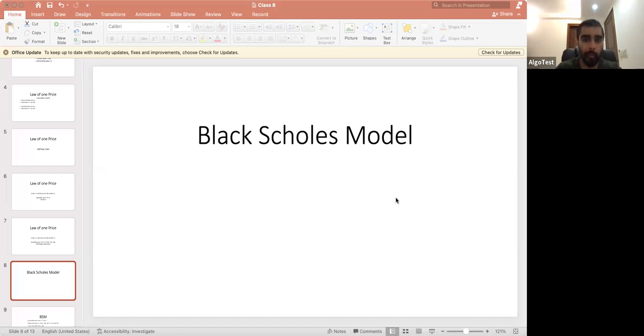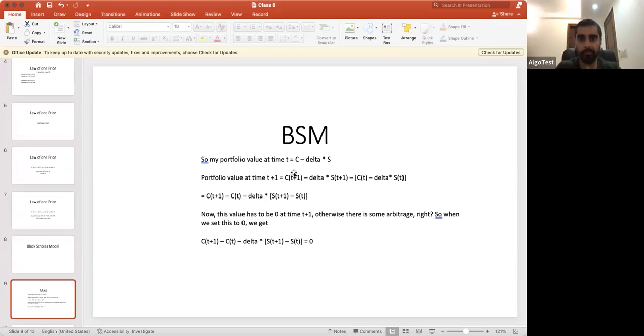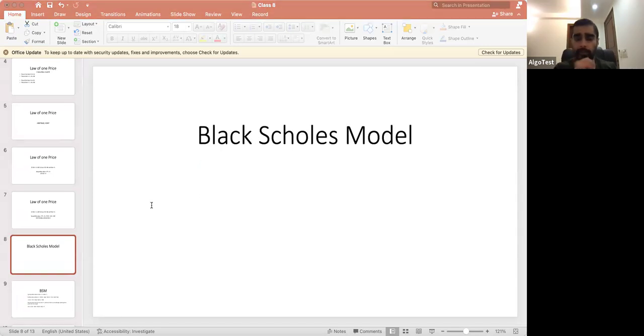So what they said is, look, I can either hold a call option or I can hold delta amount of shares. If I hold the call option, if the stock moves up a little bit, if the stock moves up by 1 rupee, right?